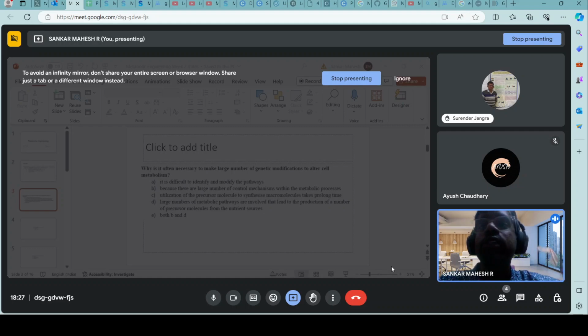And option D is a large number of metabolic pathways are involved that lead to the production of a number of precursor molecules from nutrient sources. What I would want from you is why do you think option A is either right or wrong? It is wrong.